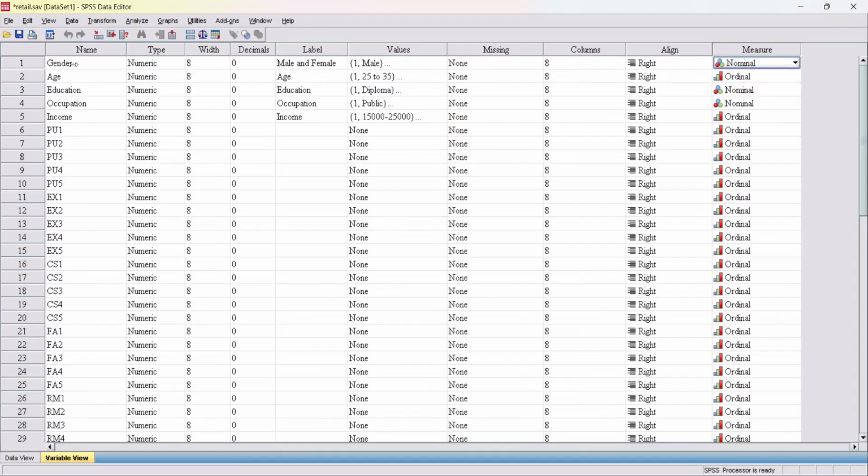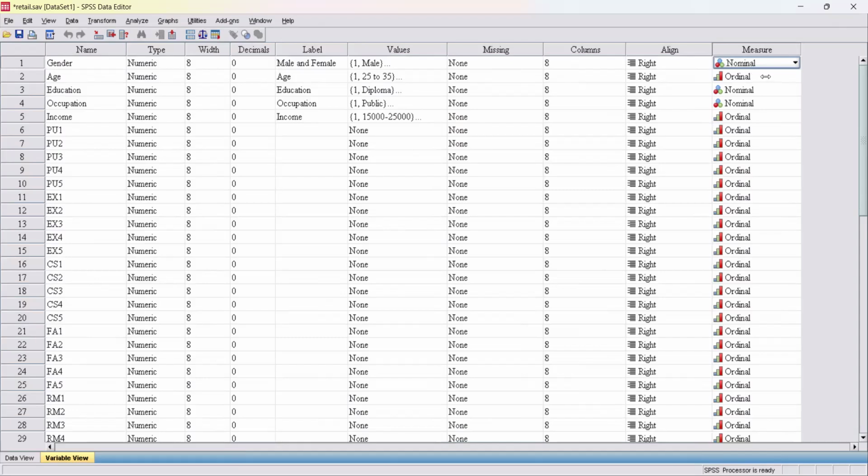We have selected gender as nominal. Why? Because these are categorical variables with no inherent order. Examples are male or female, or married, or ethnicities. So they are groupings and can be analyzed using frequency counts, like a chi-square test, crosstabulations, like that. For that, we have taken age as ordinal.